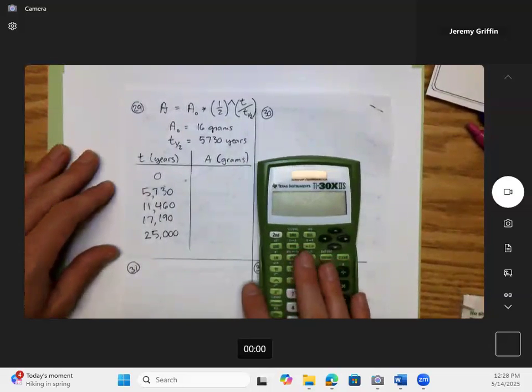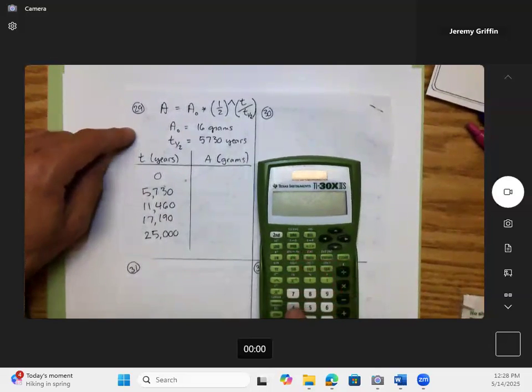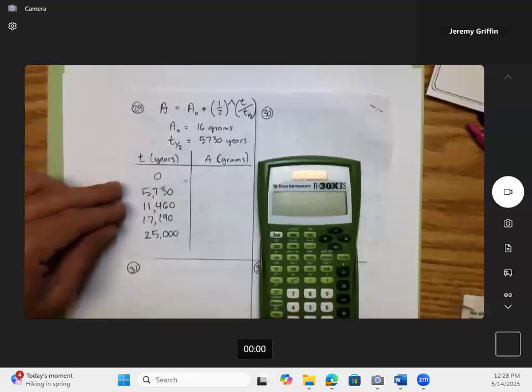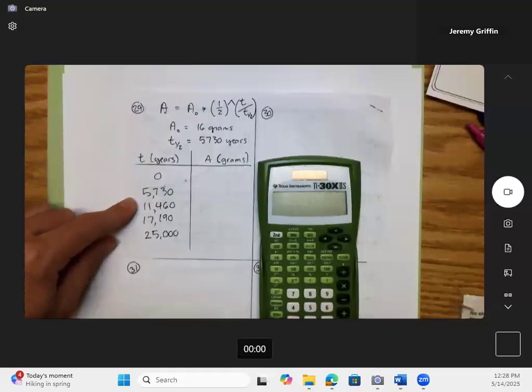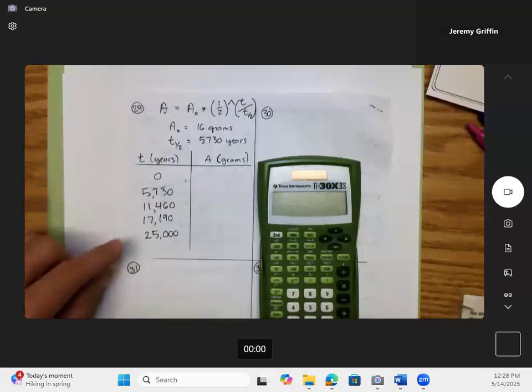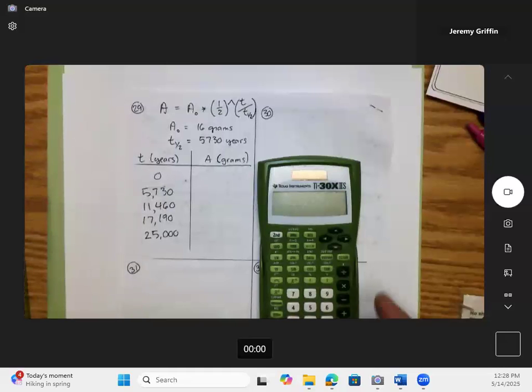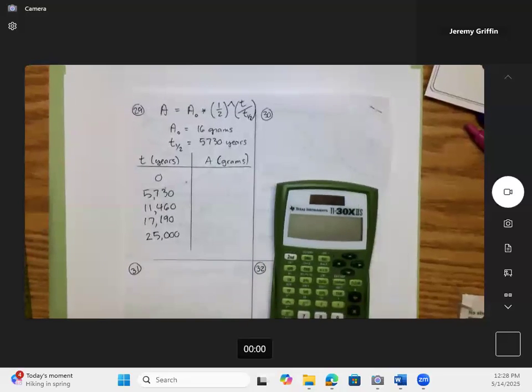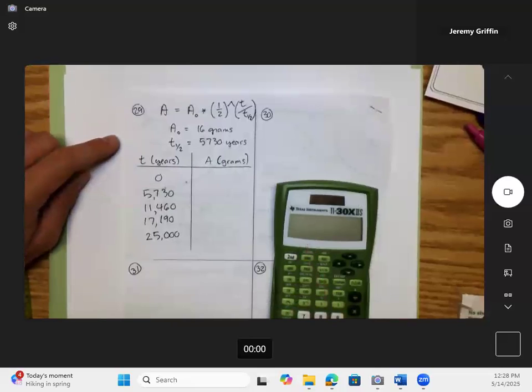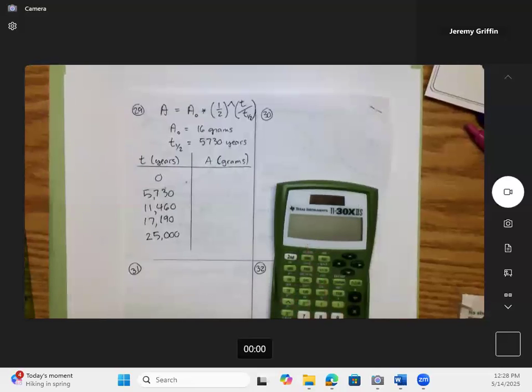The reason we're starting with this version of the formula and these particular years, which are special intervals, all multiples of the half-life until we get to the last one, is because I want you guys to see intuitively that this is going to work, so that when the calculator gives you the correct values, you say, I see that yes, this formula does give me something that I can believe in my core is correct. You see the premise of what we're doing.